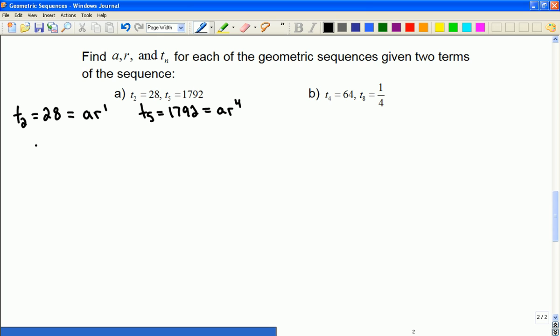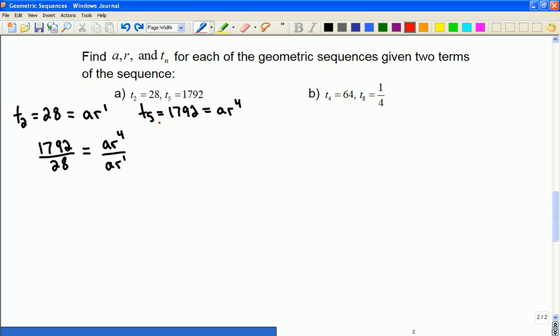So if I take their ratio, 1792 divided by 28, I'm going to have to use AR to the 4 and AR to the 1 for the other side of my equation. So 28 is AR to the 1, just like it is here, and then 1792 is AR to the 4. So everybody is matching back up.